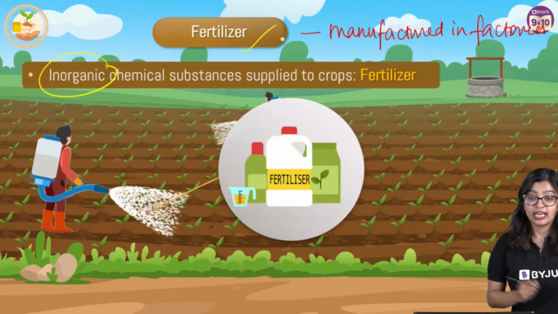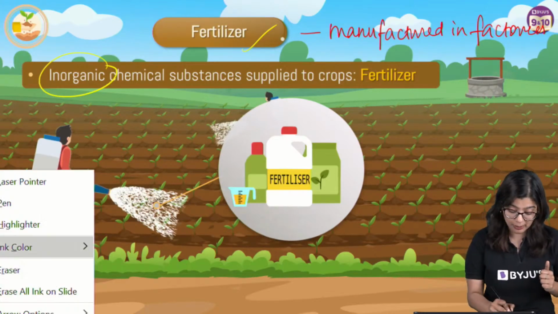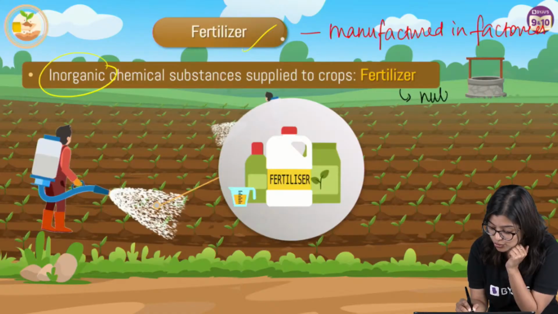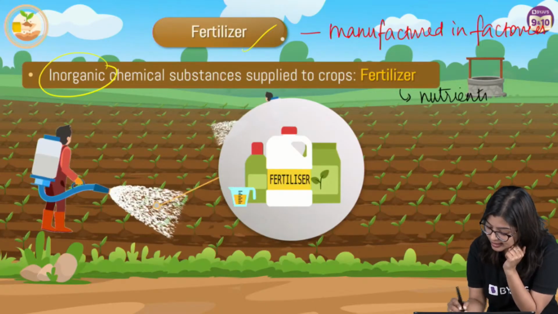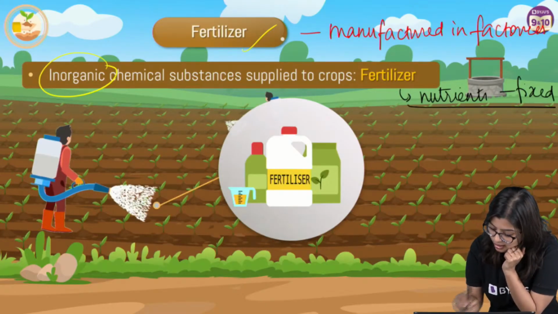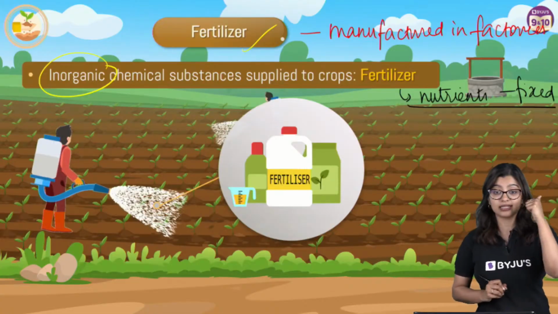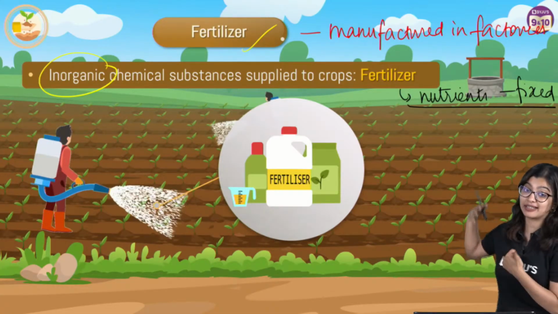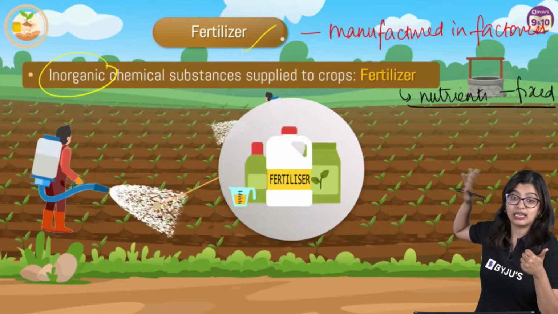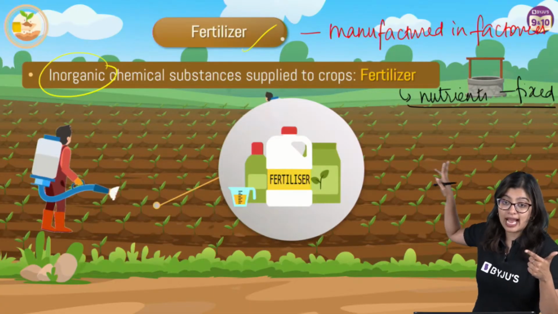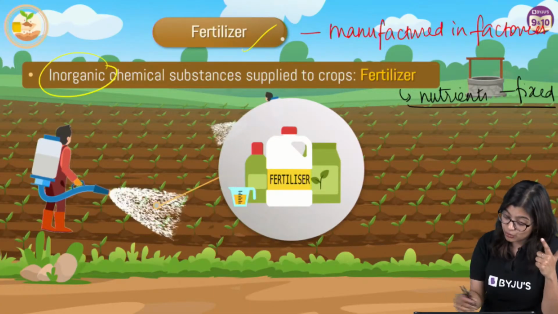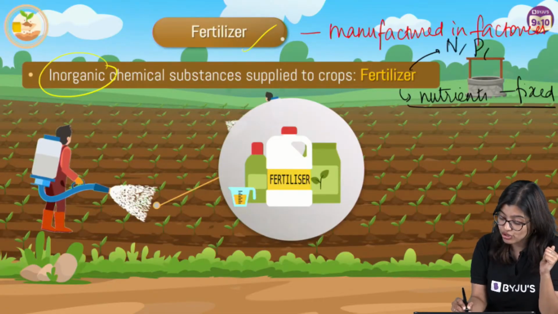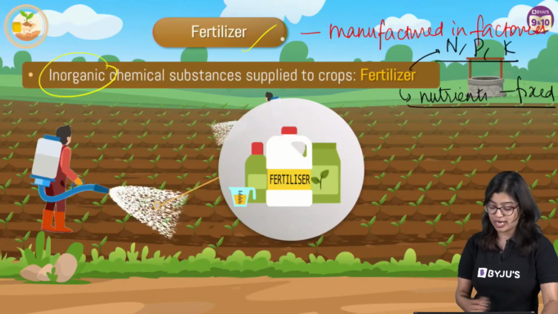And a very important point that you need to understand is that the amount of nutrients in them is fixed. These fertilizers are produced at a commercial scale, which means at a large scale, and they have a fixed amount of nutrients like nitrogen, phosphorus and potassium.